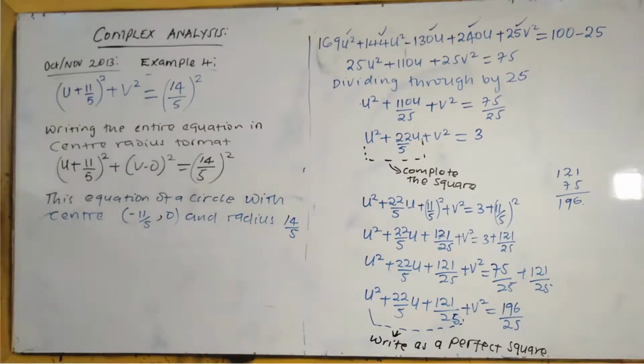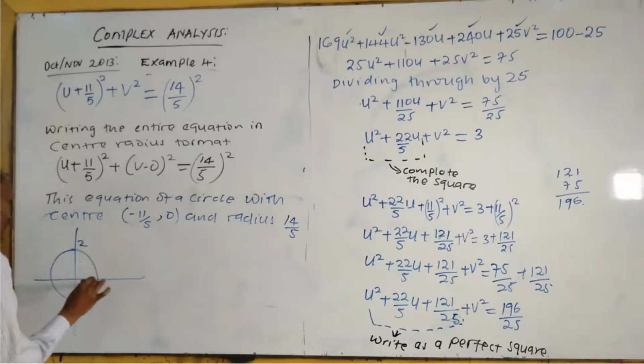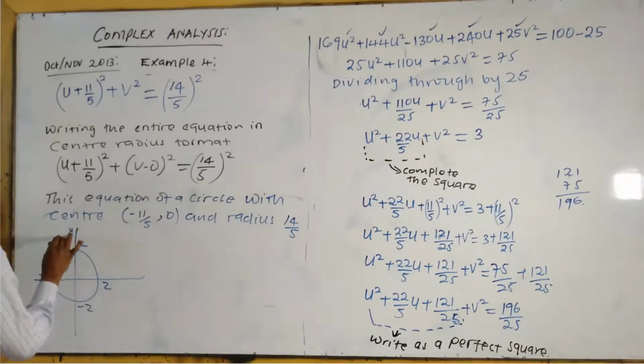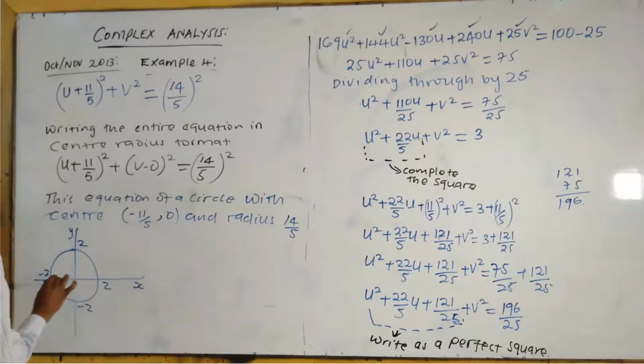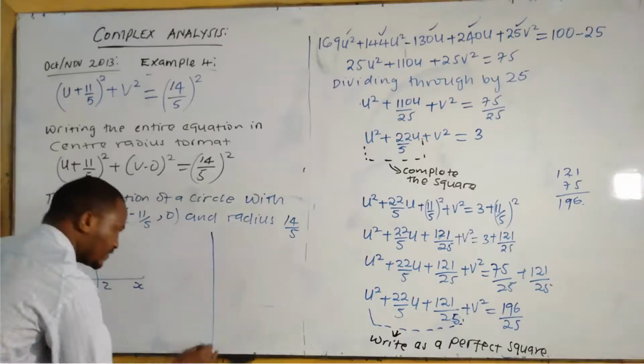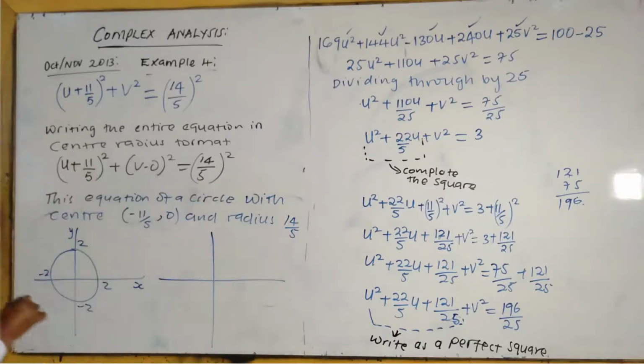You can even draw that circle. Initially the circle in the z plane had a radius of 2. This is 2, this is 2, this is negative 2, negative 2, Y, X. We have drawn this, that's why I'm drawing it with a lot of speed.